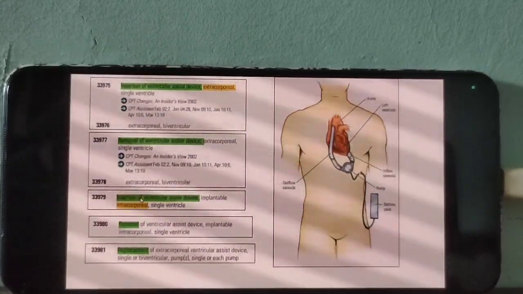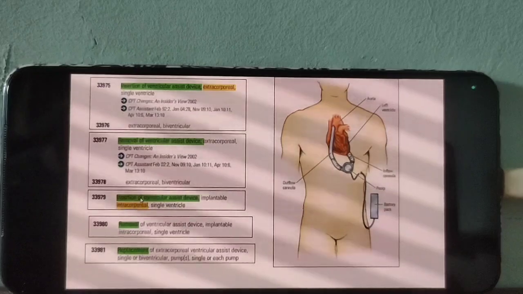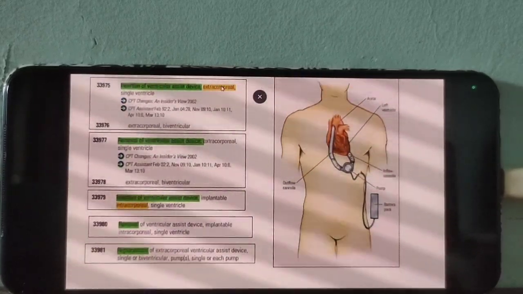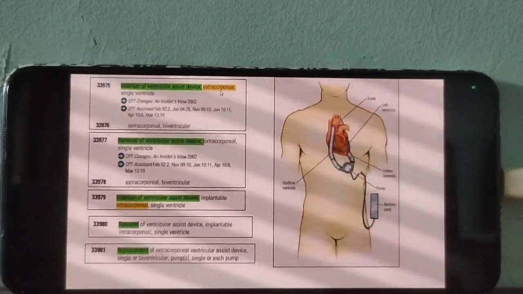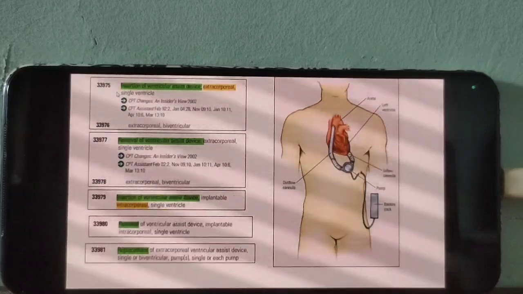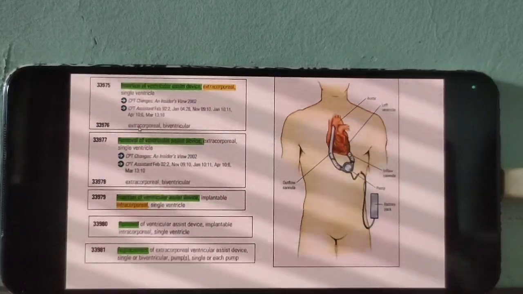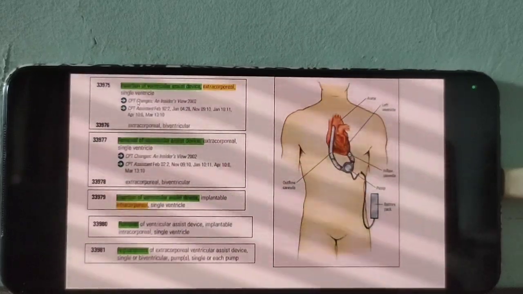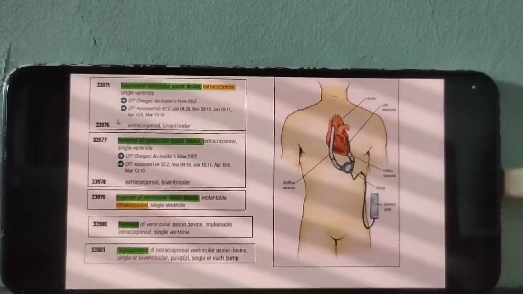Did you understand? So first you have to check whether the device is inserted internally or externally. Extracorporeal means the device is inserted internal to external. In that, single ventricle 33975, biventricle 33976, for inserting of extracorporeal device, 33975 and 33976.